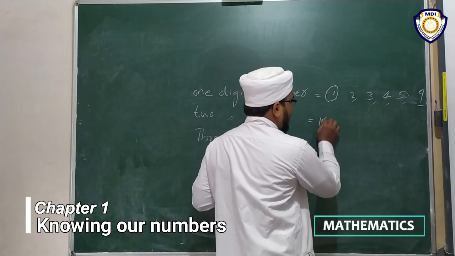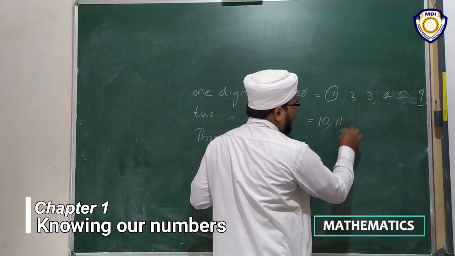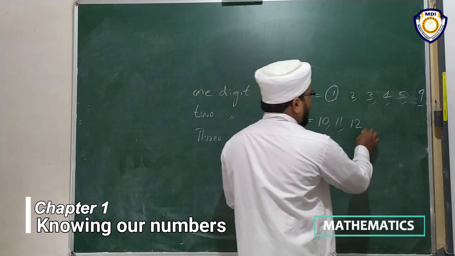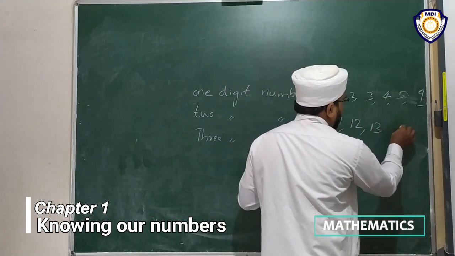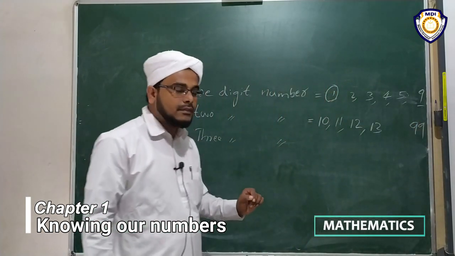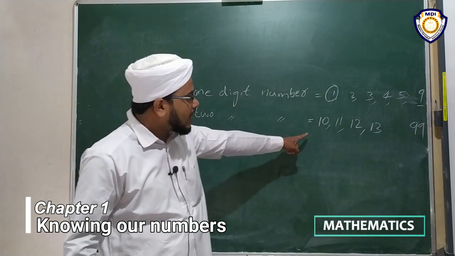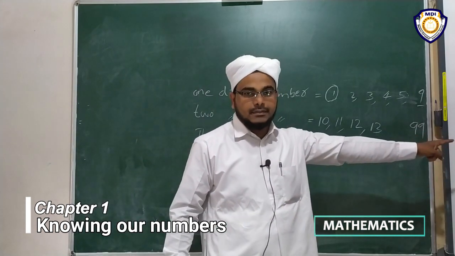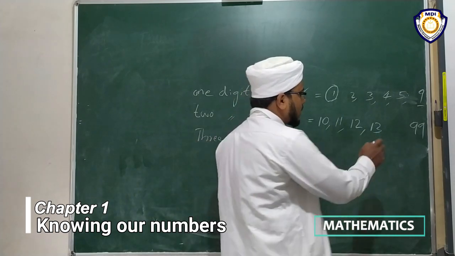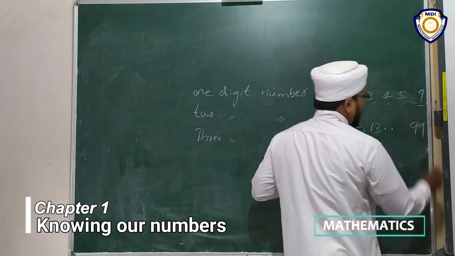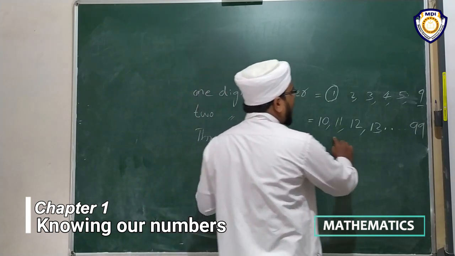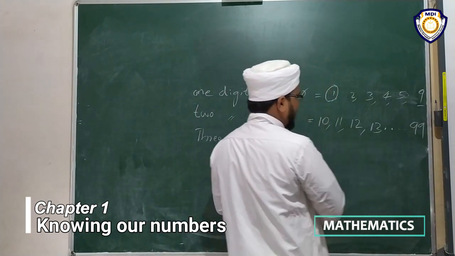Start from 10, 11, 12, 13, then 99. Okay. These are the 2-digit numbers. Am I correct or not? Okay, very good. Then these are the 2-digit numbers.